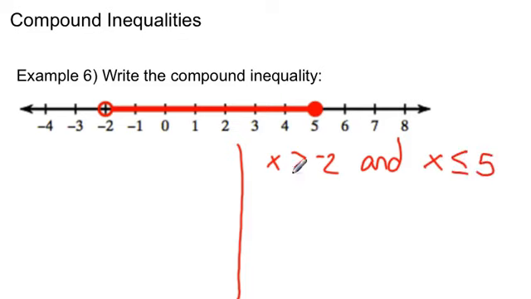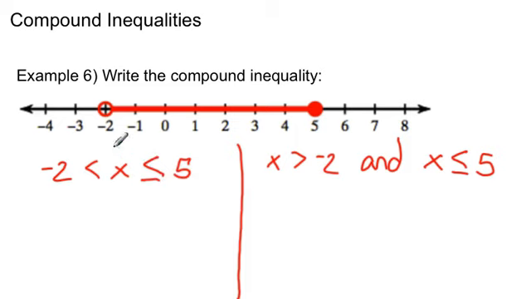And now I have my compound inequality. I can also write it over here with one variable. I'm talking about the space between -2 and 5. x has to be bigger than -2, but it has to be less than or equal to 5. So notice we've got all the same relationships here. It's just written in two different ways.